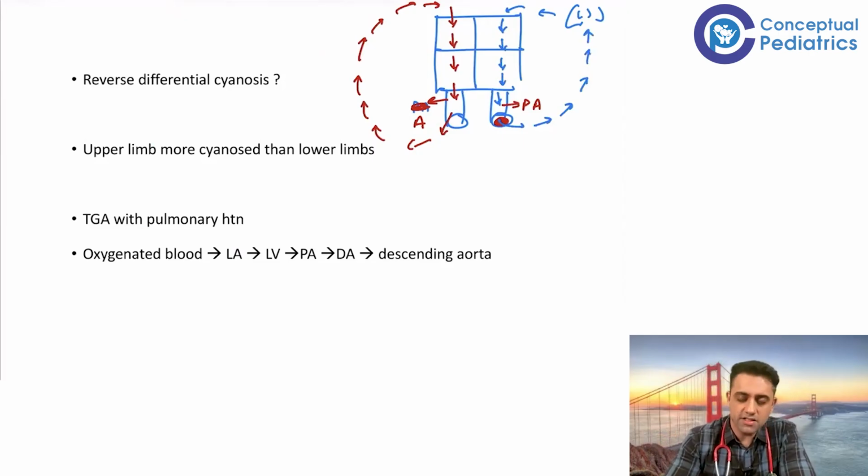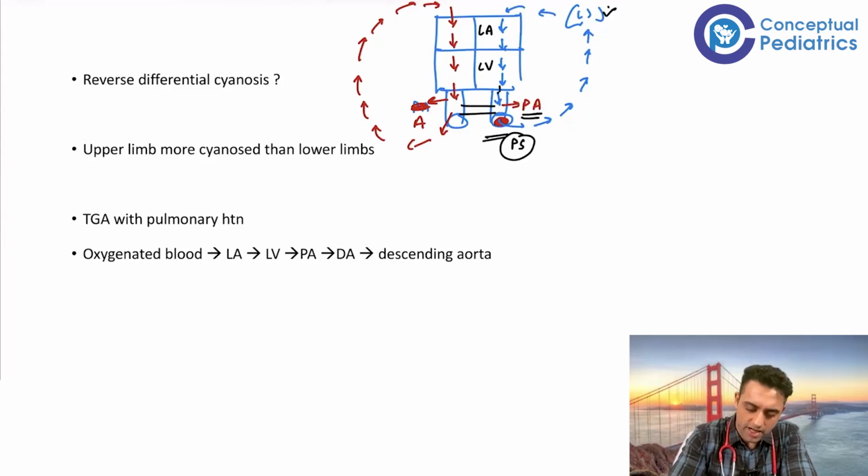Now we have TGA with pulmonary stenosis. Very importantly, remember the happy oxygenated blood goes to the left atrium. In general, we know that the oxygenated blood from the lungs goes to the left atrium and left ventricle and to the pulmonary artery. But I have developed pulmonary stenosis.